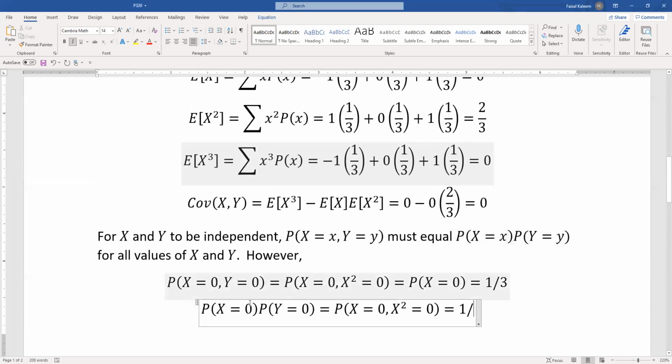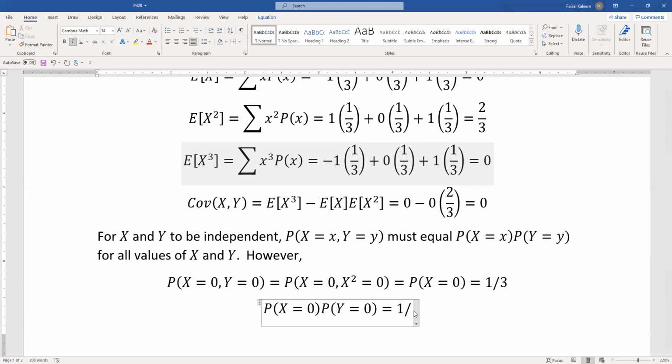Now let's calculate the probability x is equal to 0 times the probability y is equal to 0. That is the probability x equal to 0 times the probability x squared is equal to 0, because y is just x squared. The probability x is equal to 0 is 1/3, as we established.